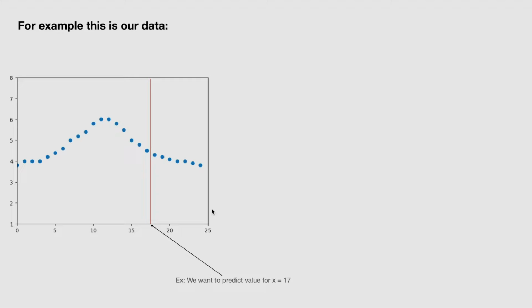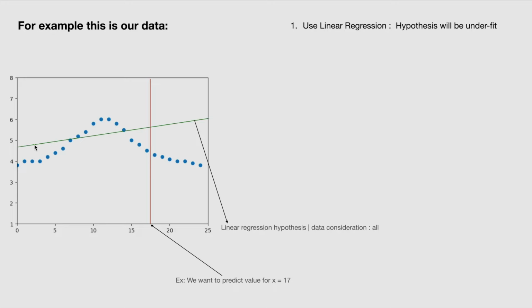Suppose we want to predict the value for x equals 17. Right now it's about 4.2, 4.3, but we want to make the prediction model for nearby values, like 15 to 20, or values near 17. The first thing, which we have already learned, is to implement linear regression on this data set.